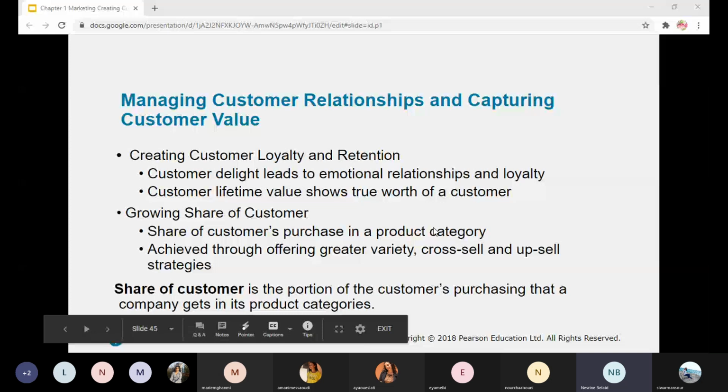So beyond simply retaining good customers to capture customer lifetime value, good customer relationship management can help marketers increase their share of customer. So the share they get of the customer's purchasing in their product categories.